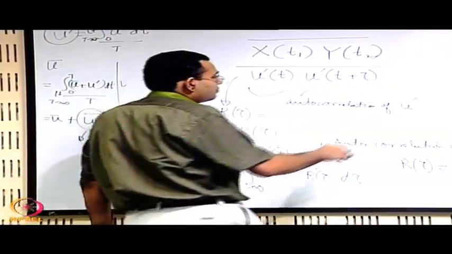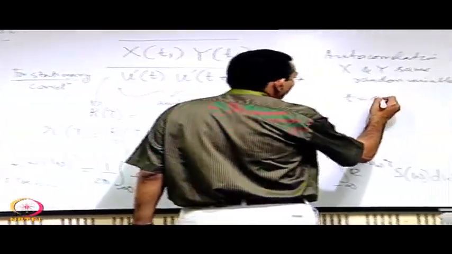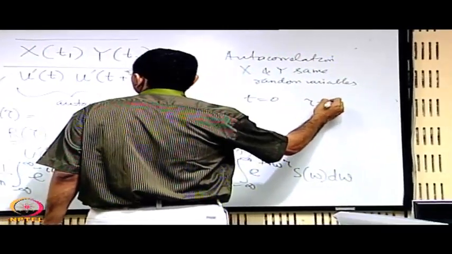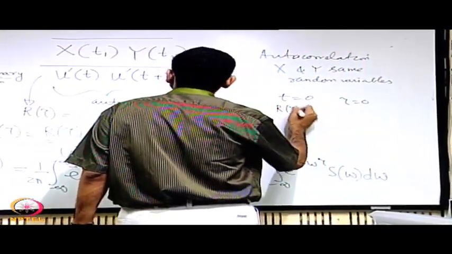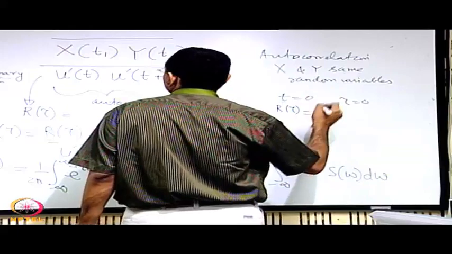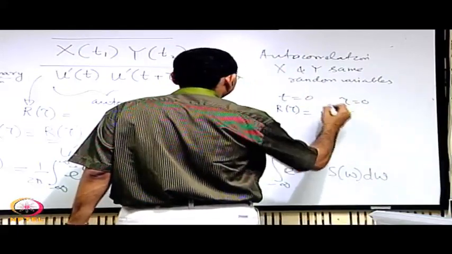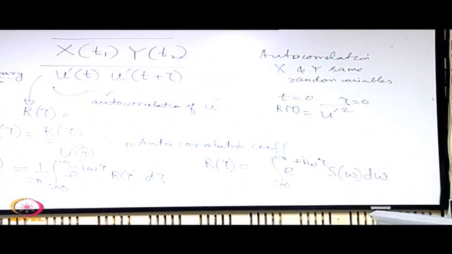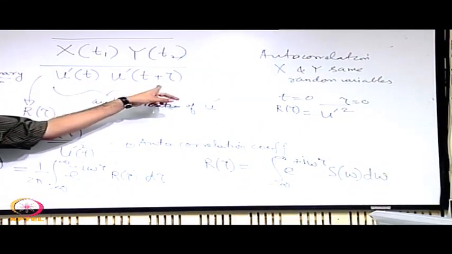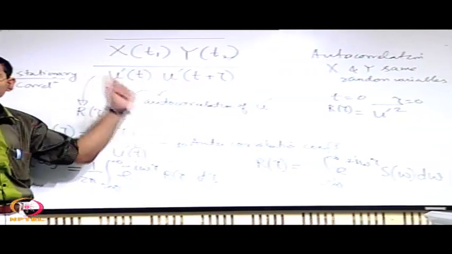So when you have t equal to 0 and also tau equal to 0, then your R tau will become the mean of u prime square. So u prime into u prime at 0.